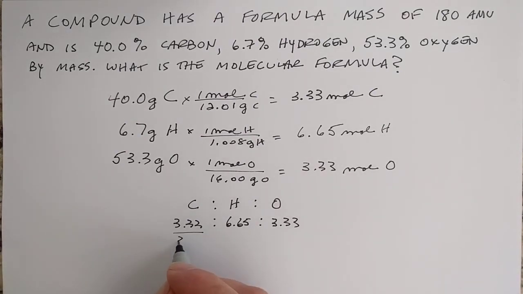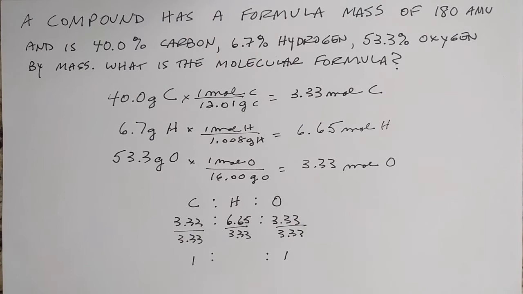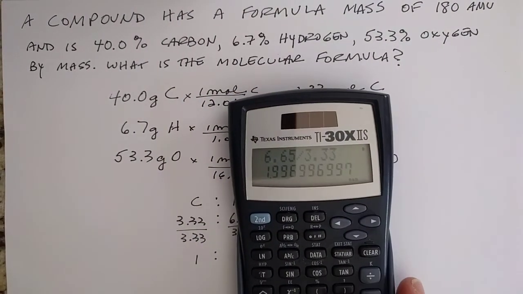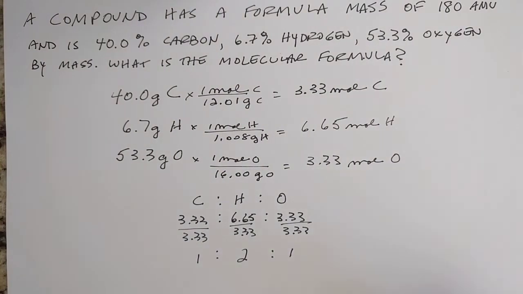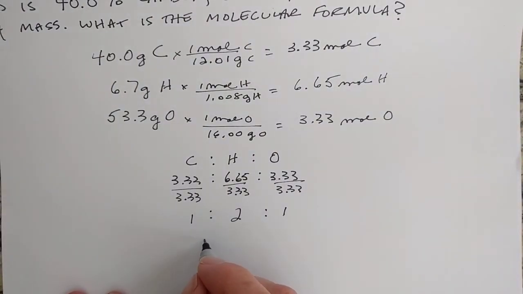That's 3.33. Okay, so that's a 1, and this is a 1, and that's going to be near 2. Let's see exactly what the calculator says. It says 1.99699. That's a 2. It's really close to 2. All right, so that gives us our empirical formula, CH2O.